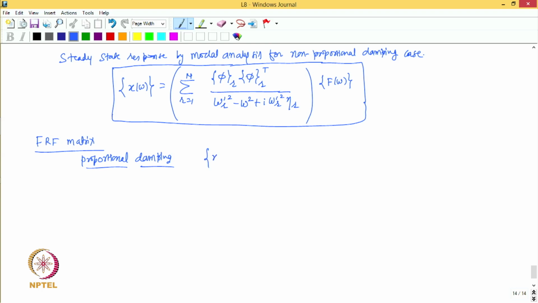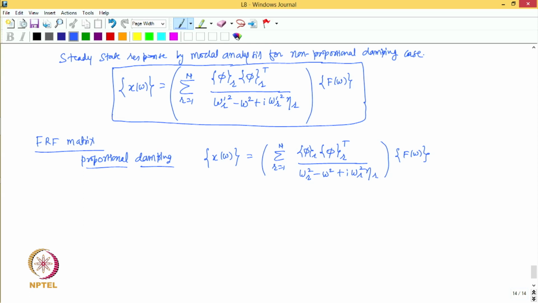For the case of proportional damping, I have the relationship between the steady state response amplitude vector and the force vector, given by the summation of phi r phi r transpose divided by omega r square minus omega square plus i omega r square eta r, times f of omega, with r varying from 1 to n.